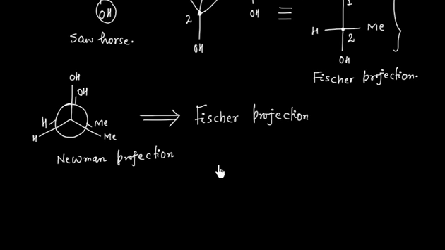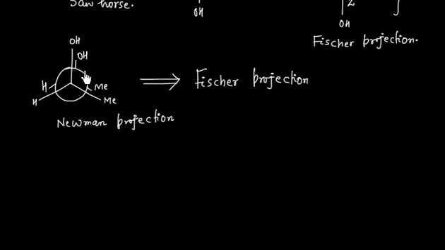First we have to make the Sawhorse projection formula. This carbon is the back carbon, let us call this carbon 2. This carbon is the front carbon, call this carbon 1. So there is no naming system, this is for my purpose. This 1, 2 naming is just for simplicity.